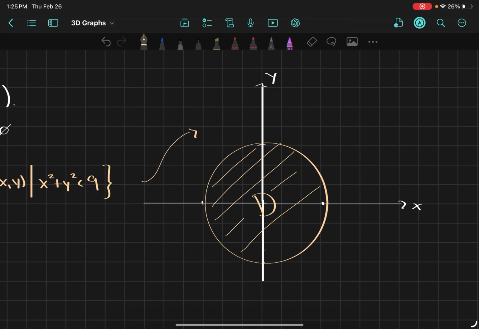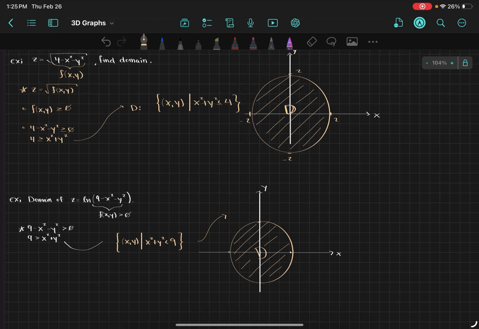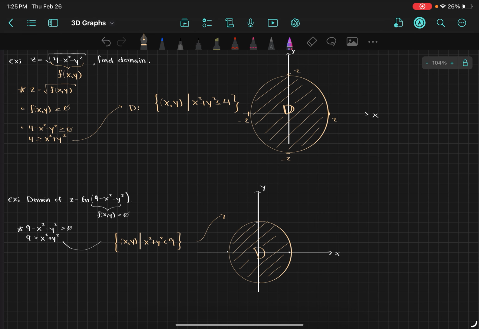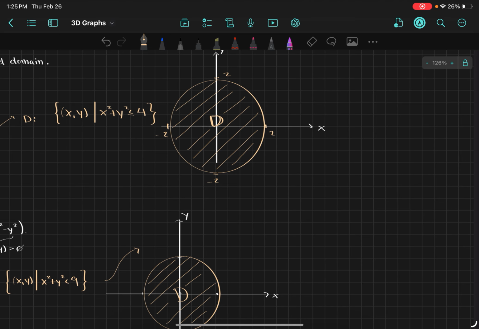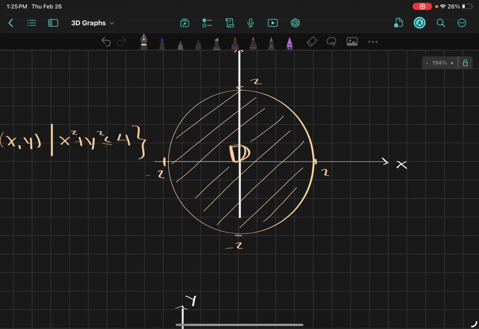So I guess the question is, what is the difference between the domain of our square root function that we had last time and the domain of this natural log function that we had this time? Essentially, the difference is that less than or equal to sign.